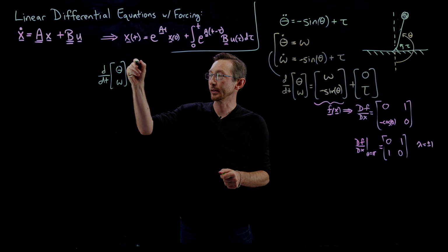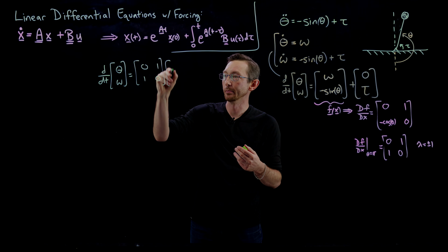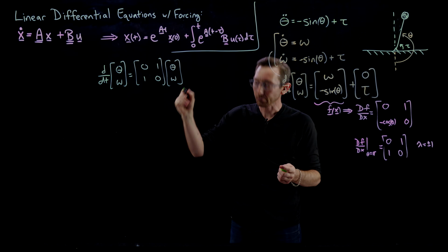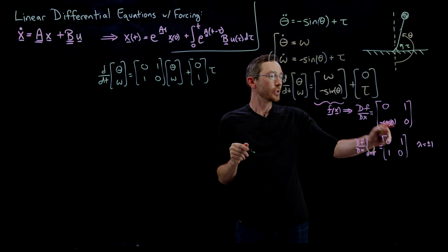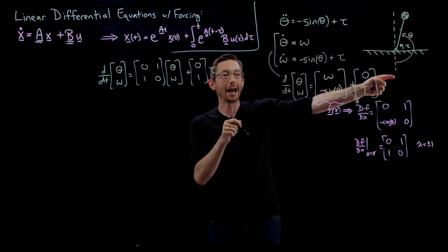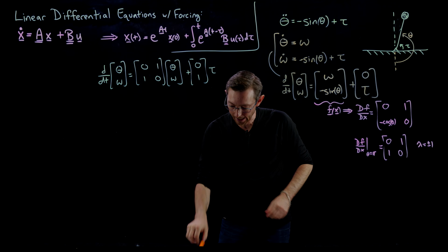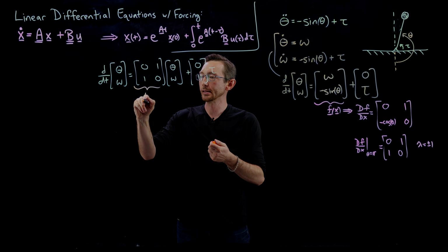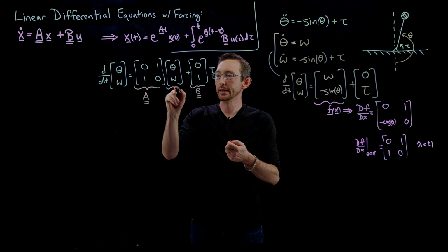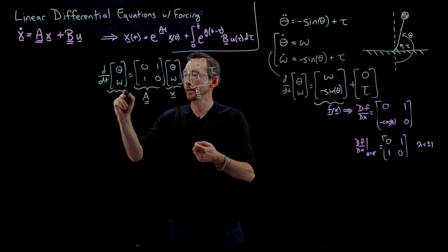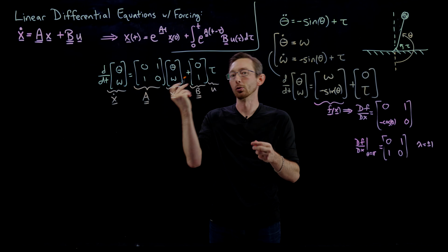My linearized dynamics are going to look like 0, 1, 1, 0 times (theta, omega) plus (0, 1) times my torque tau. So notice that I've taken this torque tau out, and now I've written this as a matrix. That's what my B matrix is. So literally I can say, this whole thing is A, this whole thing is B, this is my state X, and this is my state X dot, and little tau here is my control input U.